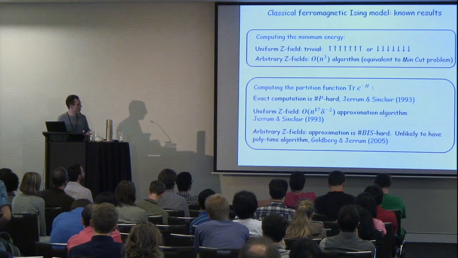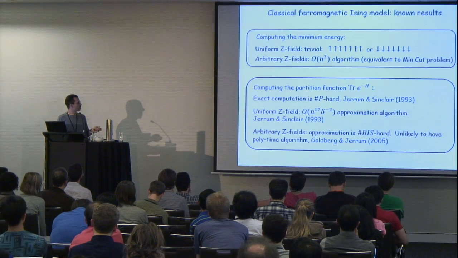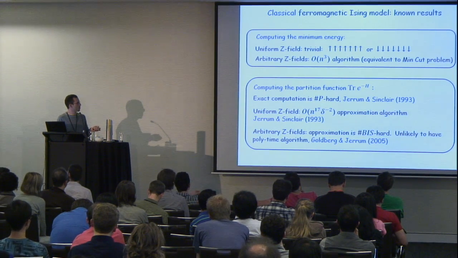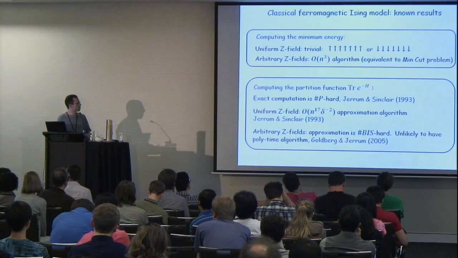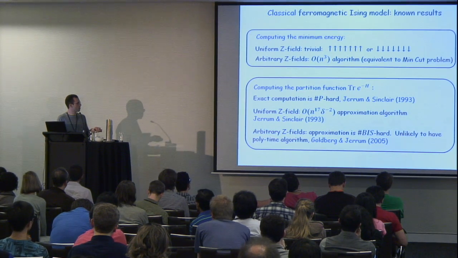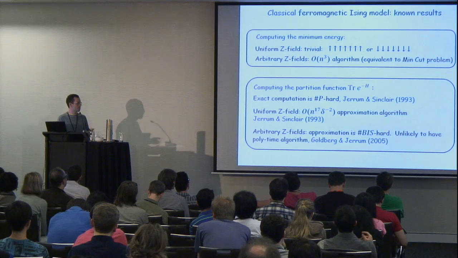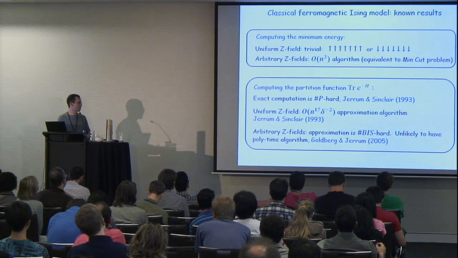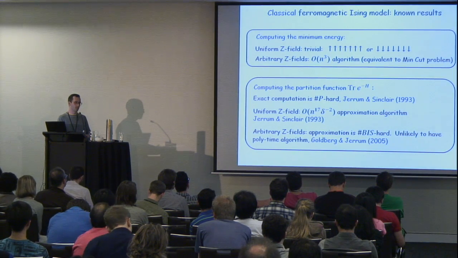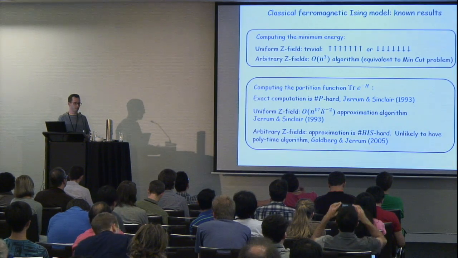It's not a practical algorithm. This is in the case of a uniform Z field. But interestingly, there's also a result which suggests hardness of approximation in the case where you generalize to arbitrary Z fields.